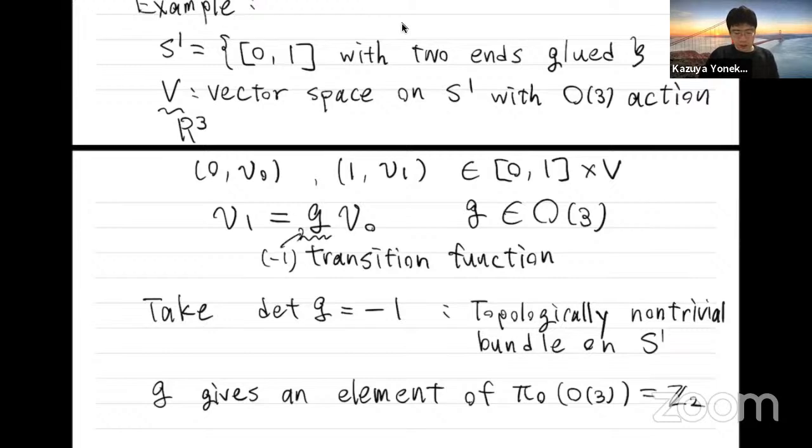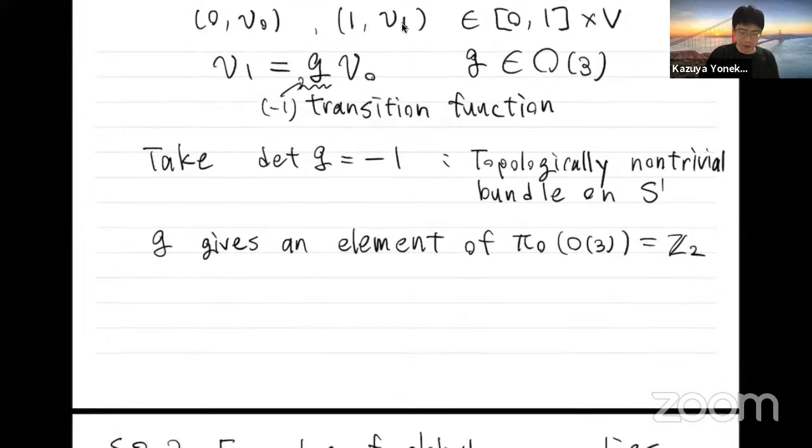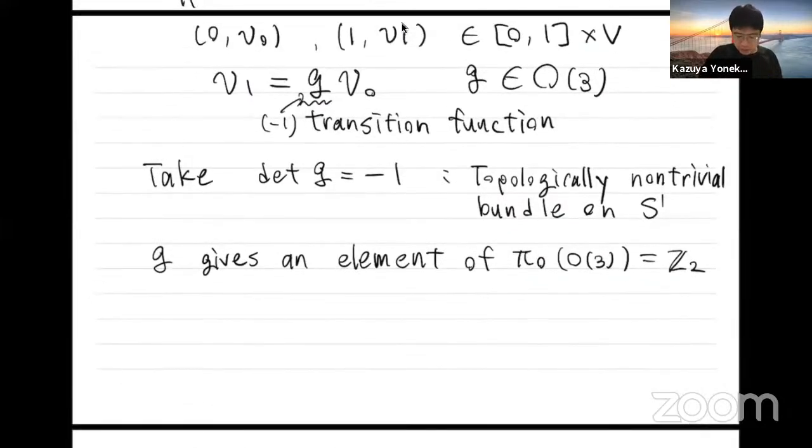So this is just the construction of a Möbius strip. And the Möbius strip is topologically non-trivial. Yeah, you can just construct a Möbius strip by paper, and then you can see that it's topologically non-trivial. So we can construct a bundle in this way.